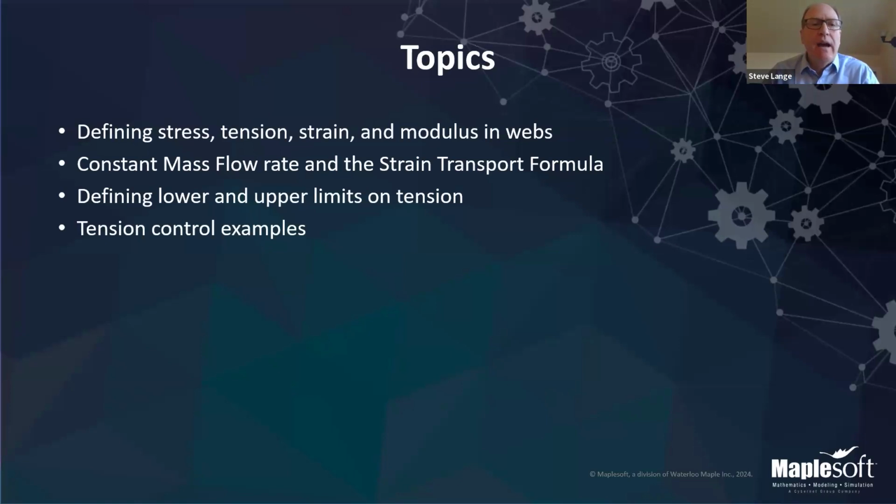We'll dig into that. Then we're going to talk about how a web converter determines the lower and upper limits on web tension that you may need. And then we're going to finish with a series of simulations showing different methods for controlling tensions.